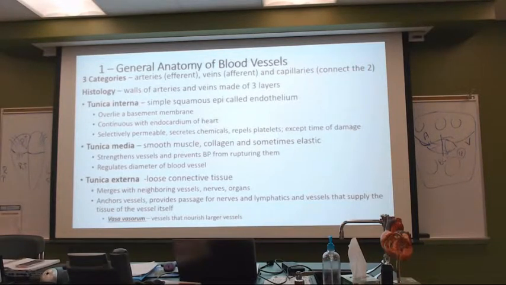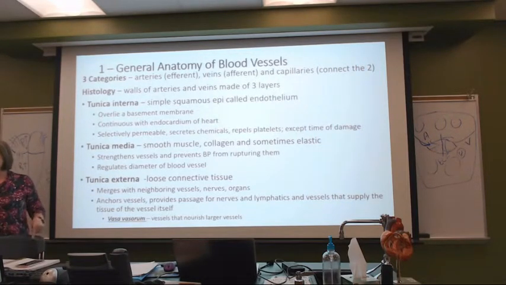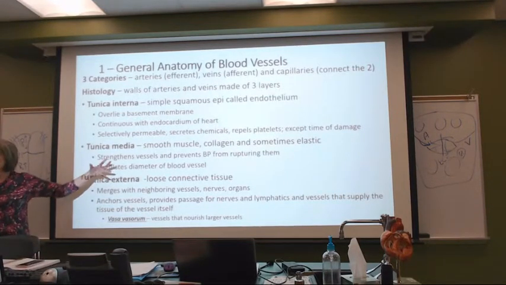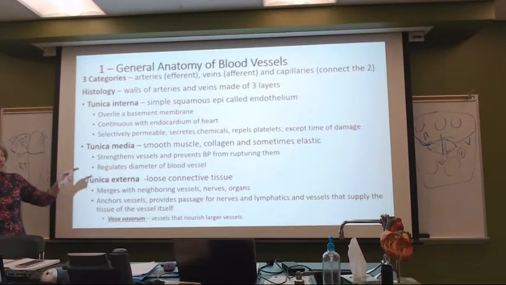Okay. The middle tunic is our smooth muscle. There is collagen present because not all the vessels are going to be really stretchy. But in some, the elastic fibers are going to be dominating. If you remember, collagen is a very tough protein. It's a very tough fiber, okay?